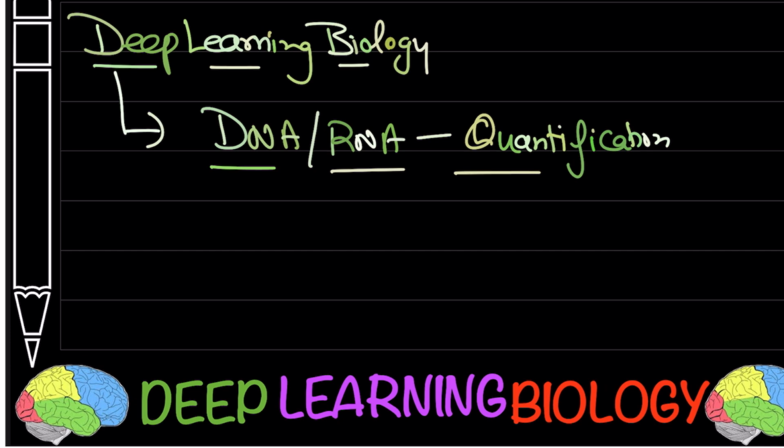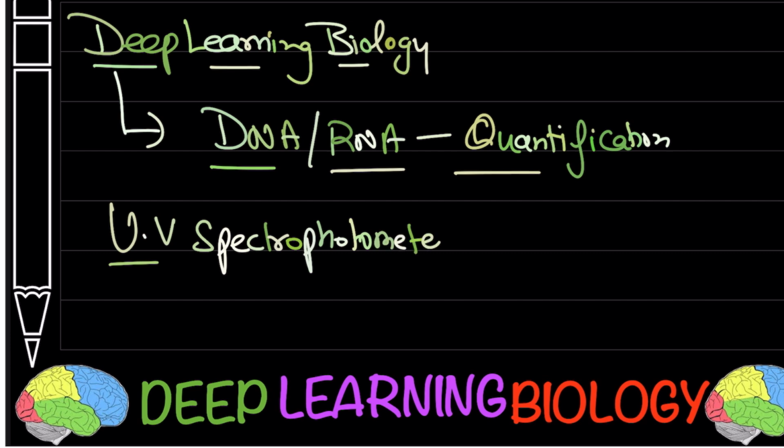Now here I just want to tell you, you must be knowing, generally we use a UV spectrophotometer for quantification of DNA, for quantification of RNA, for quantification of proteins within the laboratory.